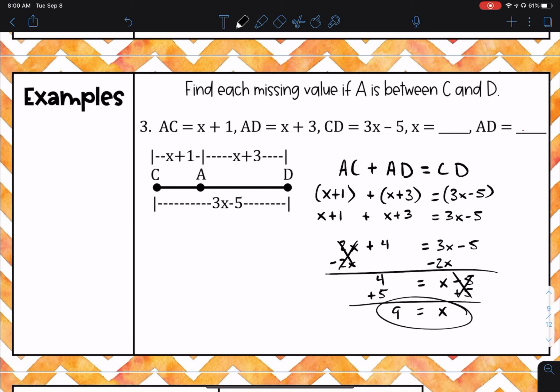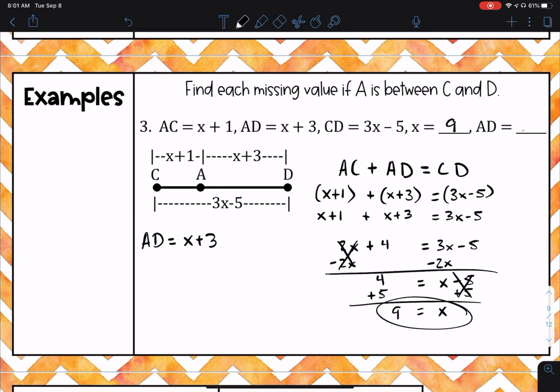So there we go, solve for x. So now up here at the very top, I can actually plug in my answer, which is 9. And then it asks me, what is the distance of AD? Well, A to D is x plus 3.